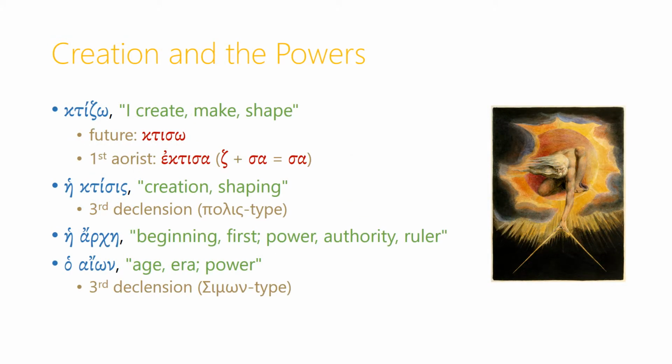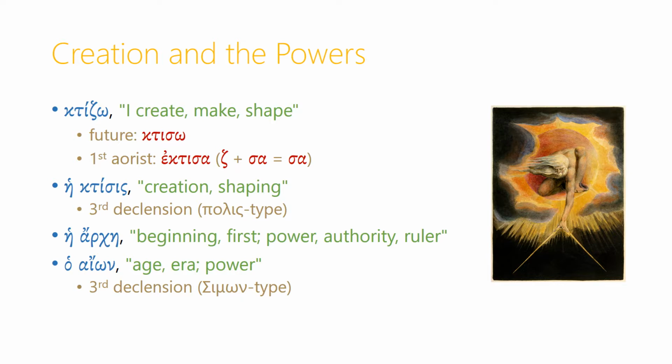Creation and the origin of things was fascinating to people in antiquity, both in the Greco-Roman world and in Hebrew tradition. The basic word for create is ktizo, meaning I create, I make, or I shape. Notice the future is ktiso, and the first aorist is ektisa, in both cases because the zeta, when it's followed by the sigma tense marker, is hidden.